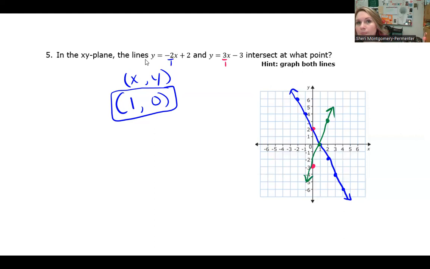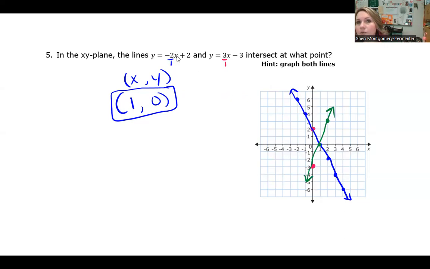So the first one says y is equal to -2x plus 2. Anytime that you have a whole number, you can always put it over 1. So -2x plus 2, that last part tells me the y-intercept, or where I put a dot along the y-axis. So if it's at 2, I go from the 0 up to 2 and put a point.